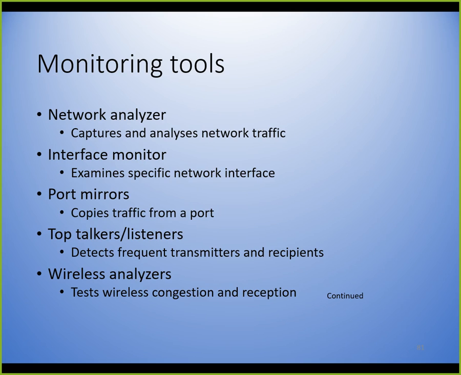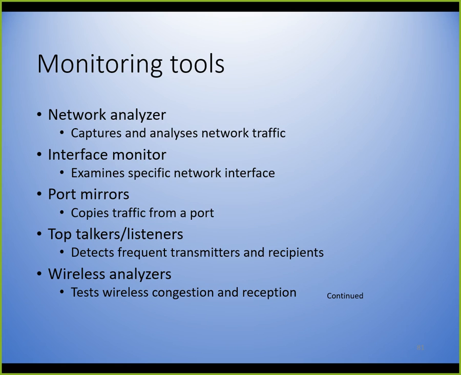Port mirrors copy the traffic from one port to the other. On switches, you only get the traffic that is to you as well as the broadcast traffic. If you want to monitor, for instance, the uplink port, then you need to use a port mirror, span port, switch port analyzer is a Cisco term, in order to see the traffic from one port on another port.